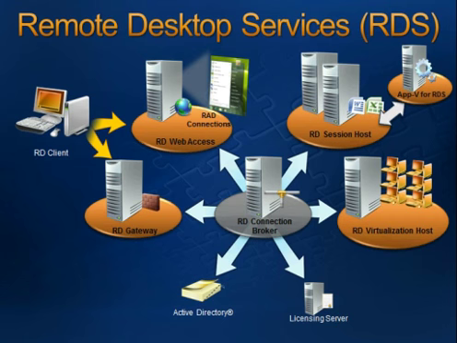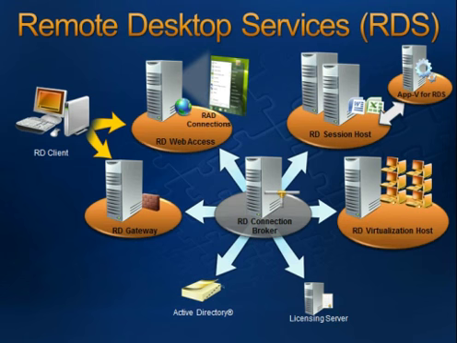The fourth component is RD web access. RD web access provides a web interface. The user can use Internet Explorer to access their desktop workload. Lastly, the last component is the RD gateway. RD gateway is a component which you install if you have external users who are going to access the internal environment.